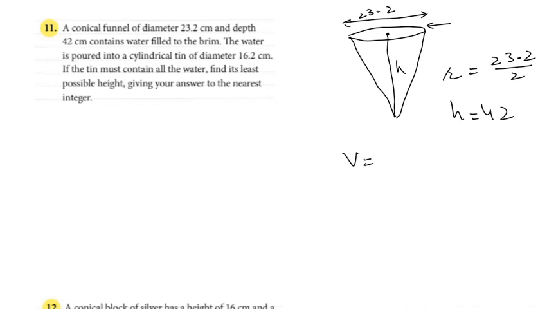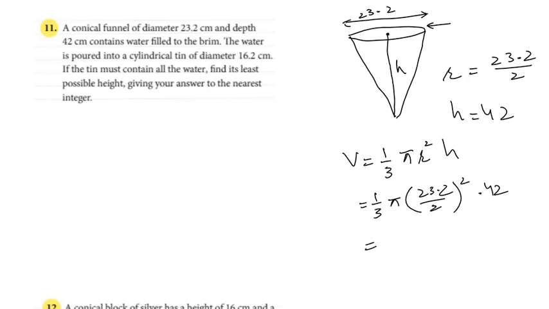The total volume of this cone is equal to 1 over 3 pi r square h. Putting the values, we get 1 over 3 pi as it is, r square is 23.2 divided by 2 whole square, and h is 42.